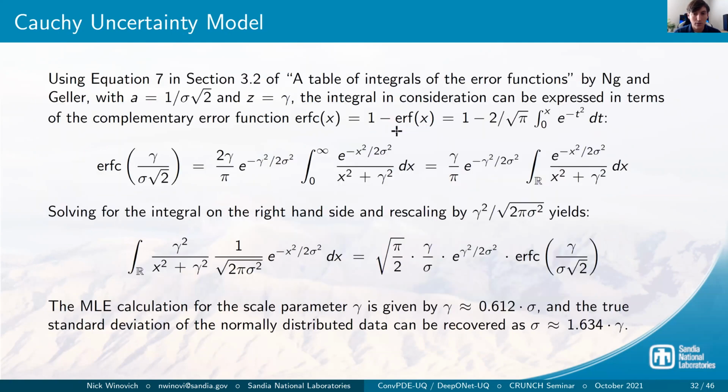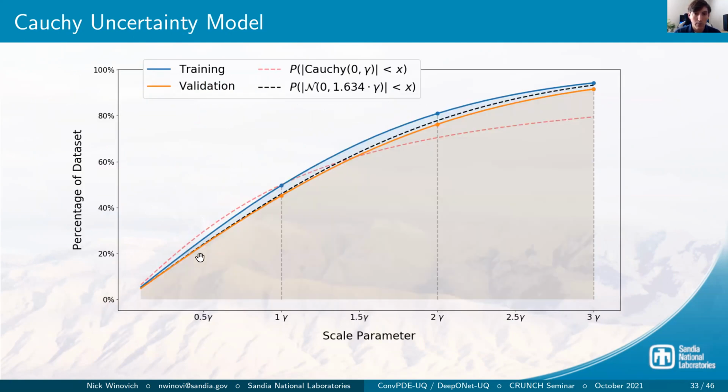Doing similar calculations for the Cauchy model, we get a similar correction. Again, this is some form of indirect validation. If you have a data set where you're observing non-Gaussian error, which you can always plot histograms for, then you may be able to use one of these models based off of analysis of the CDF.